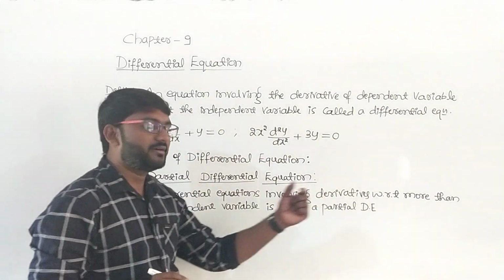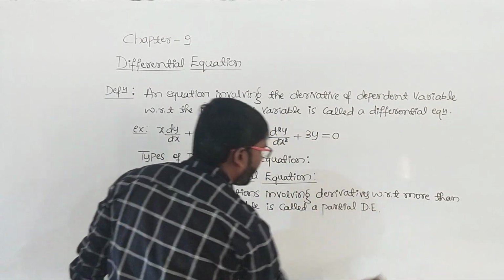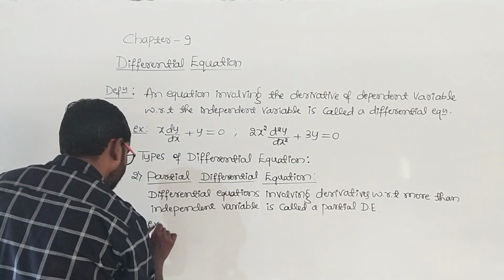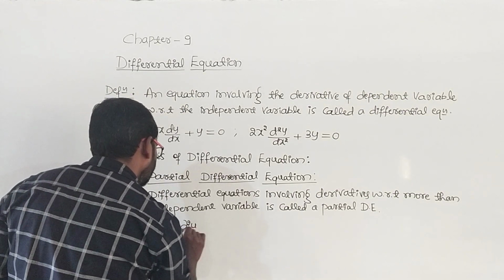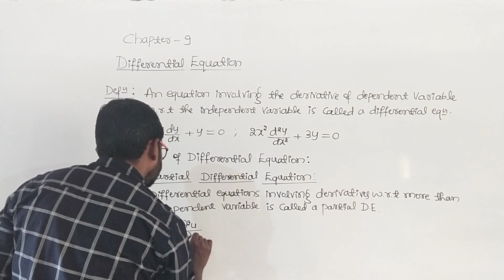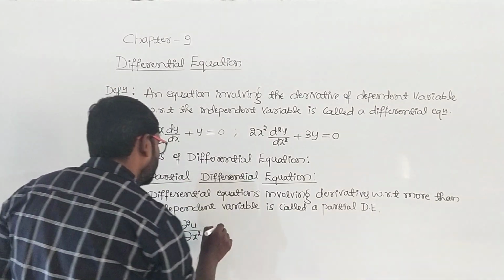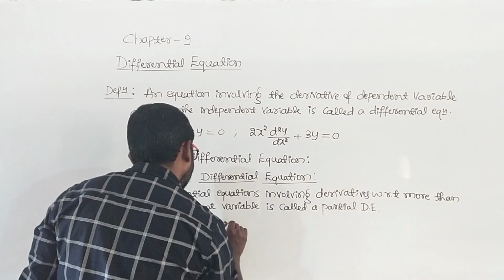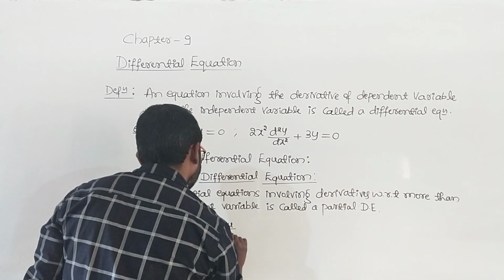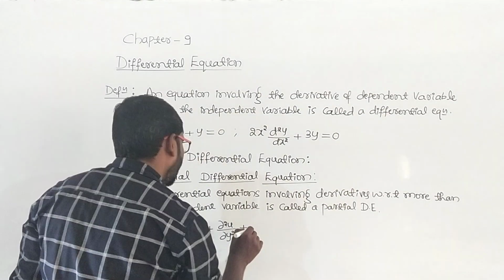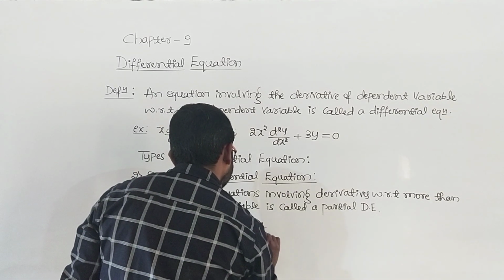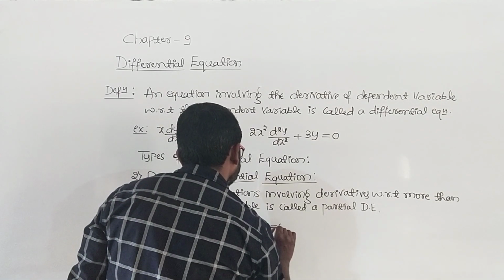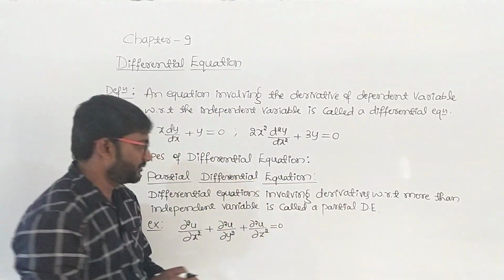So let us give an example for this. Del square u by del x square plus del square u by del y square plus del square u by del z square equals 0.